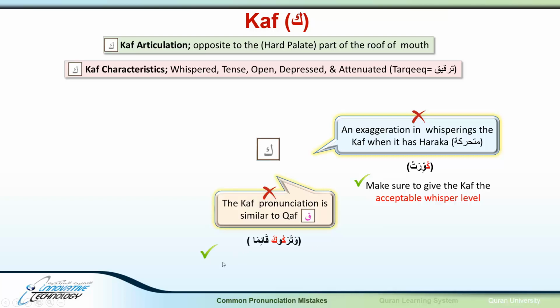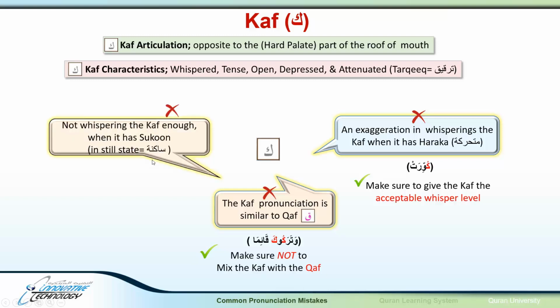And people tend to make this mistake because of the nearby qaf. Since the kaf and the qaf are near each other in the articulation point, subconsciously, because of the qaf which is coming here, they mispronounce the kaf here as a qaf. So the pronunciation is وَتَرَكُوكَ قَائِمًا. So please make sure not to mix the kaf with the qaf.